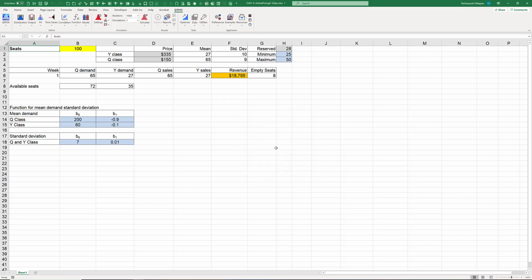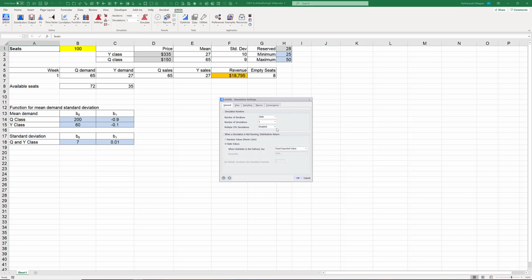Okay, and there is one thing that I forgot to do in the previous examples, and that is this setting. We need to make sure that the multiple CPUs is enabled and the initial seed is 1.